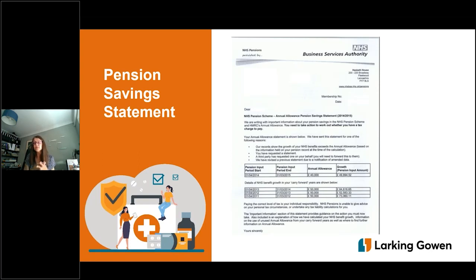There would be a second page to this pension savings statement, or a second blob of figures, which show closing pension values, which can be quite useful if you know how to interpret them, in estimating your pension benefits. You can also request now, which is what we do for clients, which is quite useful, a service extract, and that will give pension input figures going all the way back.